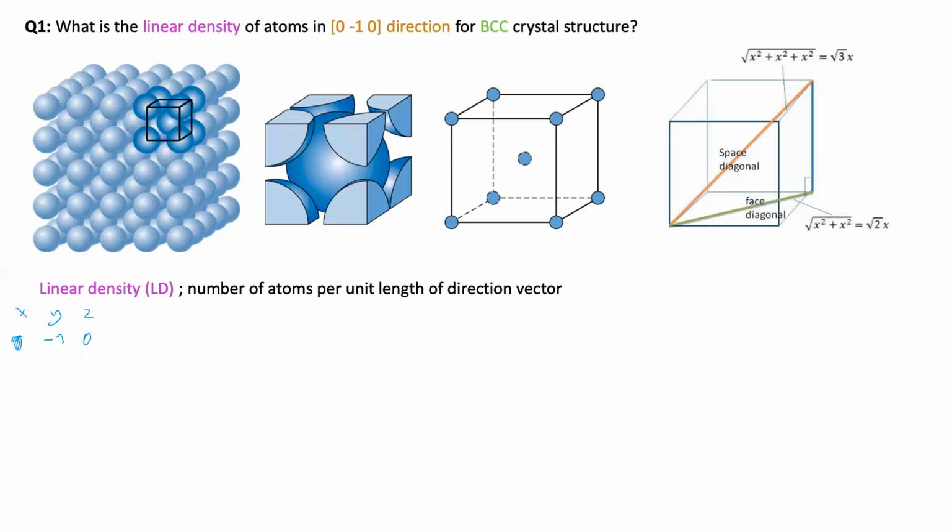And if we try to plot them, X, Y, and Z, X and Z are 0, Y is -1, so it should be in this direction. Let's put the -1 here. So our vector should be like this.